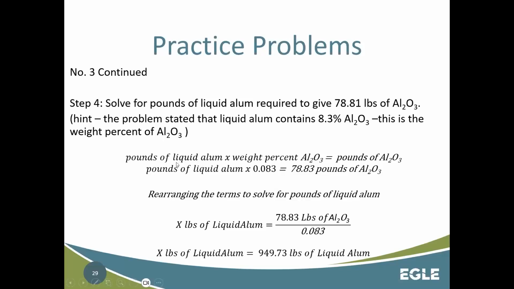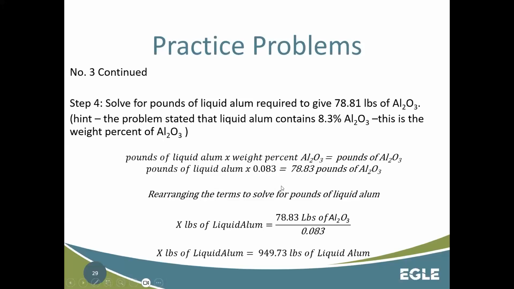We're going to go back to our original formula here: pounds of liquid alum times the weight percent of aluminum oxide equals the pounds of aluminum oxide. So what do we know? We know our weight percent and we know our pounds of aluminum oxide, and we're trying to solve for pounds of liquid alum. So we're going to rearrange by moving this weight percent to the other side of the equation.